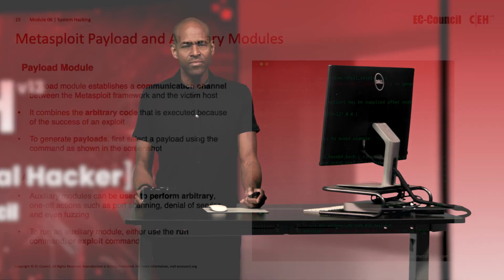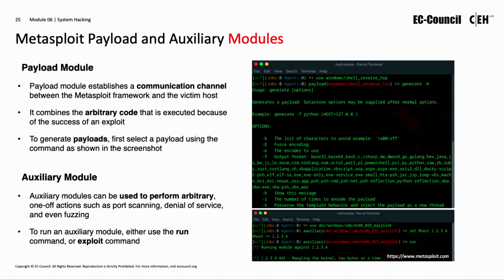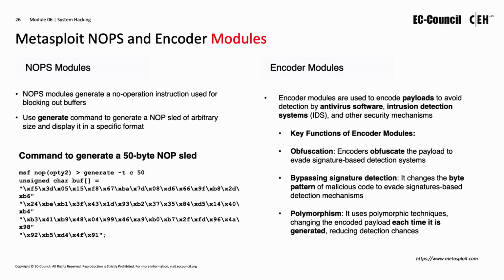So being able to execute arbitrary code is really cool. We also see here that in an aux module, we might be able to do more arbitrary sort of one-off hacks that also make Metasploit very, very helpful. There is another really cool module in Metasploit that I want to explore with you a little bit, and that is called the no-ops module.